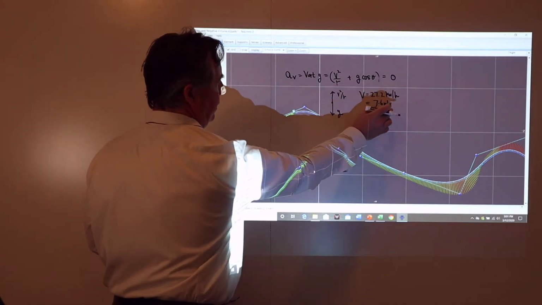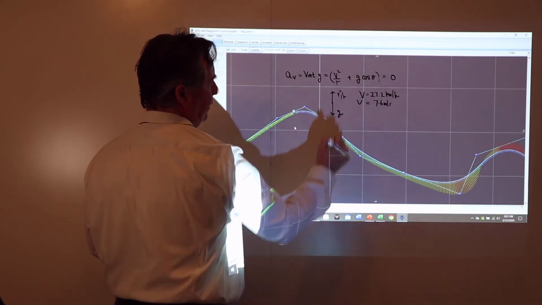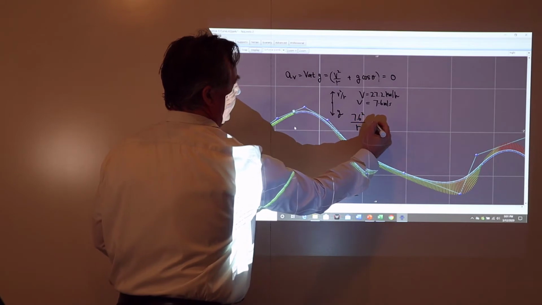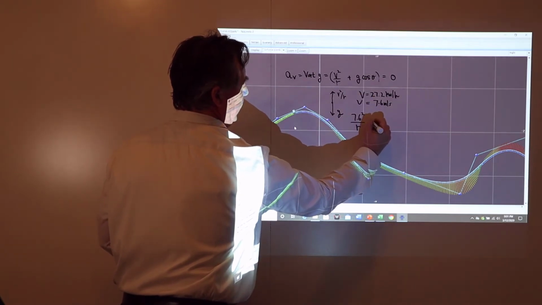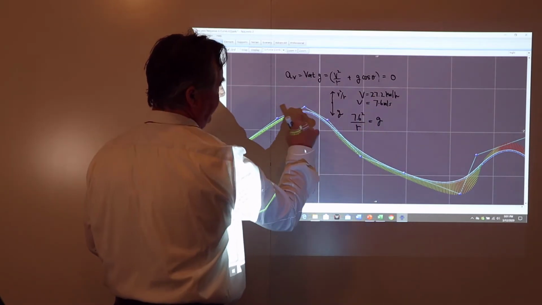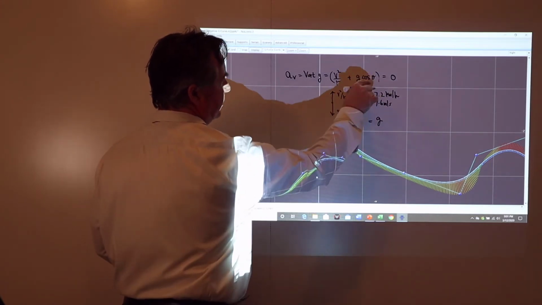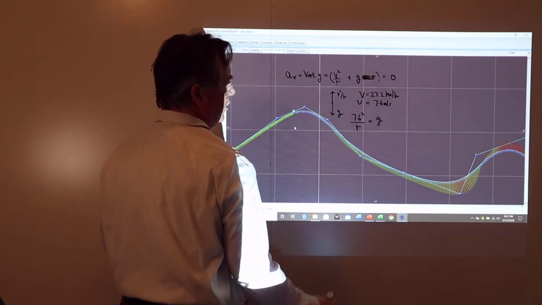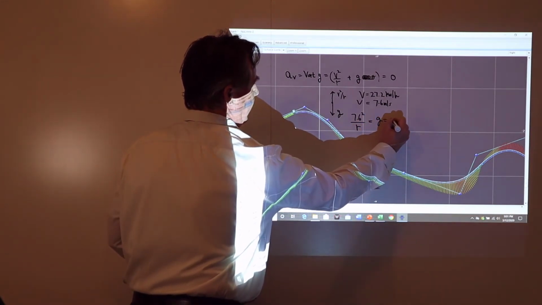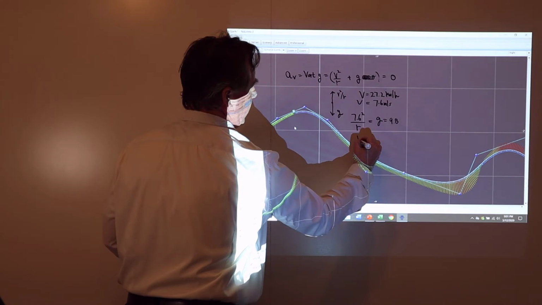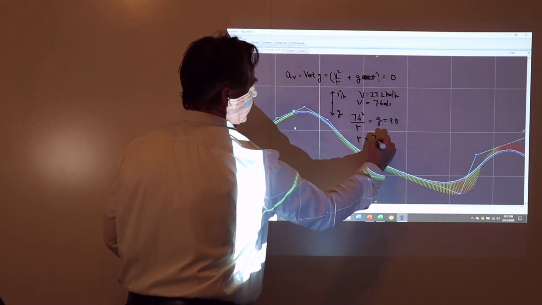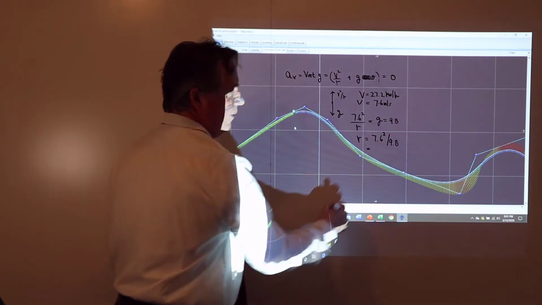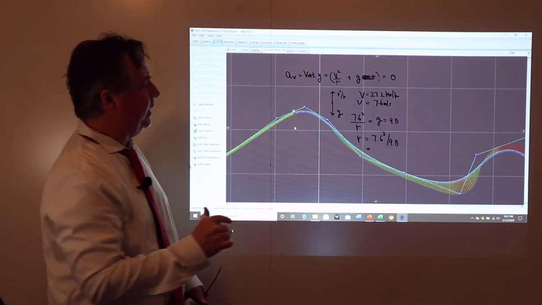So I'm going to plug the velocity in here, 7.6 squared divided by the radius, and that's going to be equal to g. The angle here, there's no inclination there, so that's an angle of 0. Cosine of 0 is 1, so that's going to be equal to g. That's 9.8. So I solve for r: r is equal to 7.6 squared divided by 9.8, and that gives me 5.9 meters.